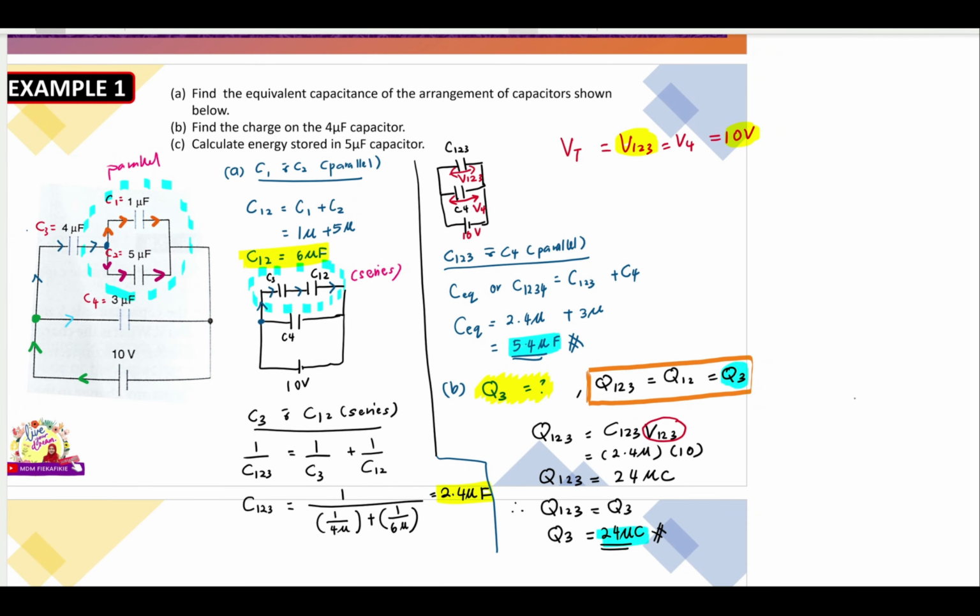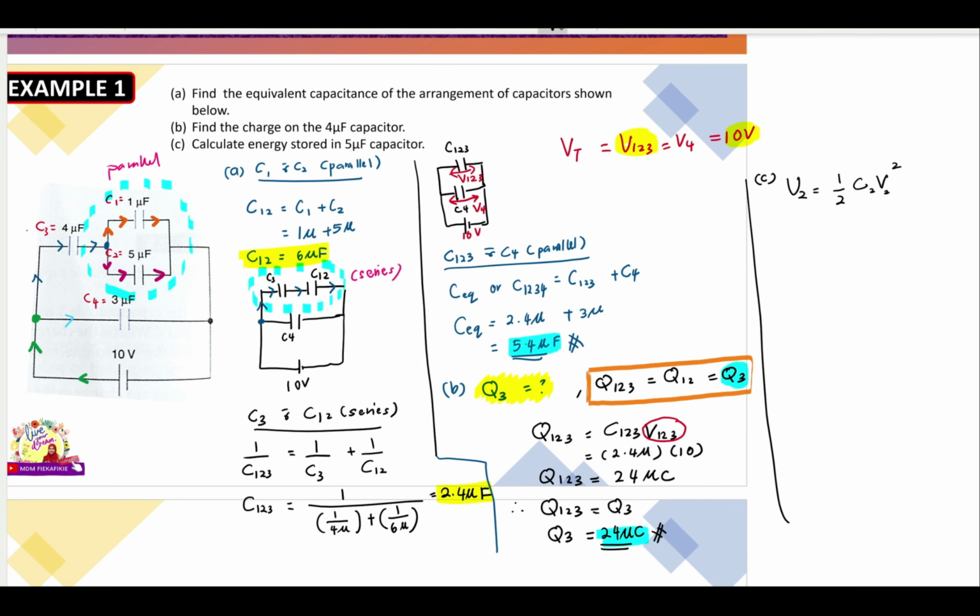So now I want to calculate what is the energy stored in 5 microfarad capacitor. By referring to this circuit, 5 microfarad is C2. So kita nak kira U2 equal to half C2 V2 squared.